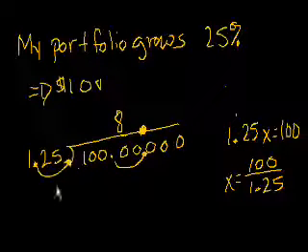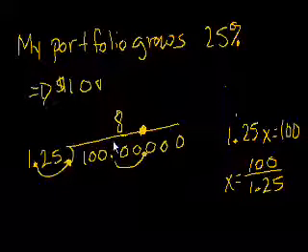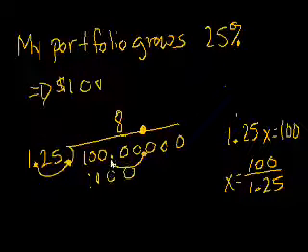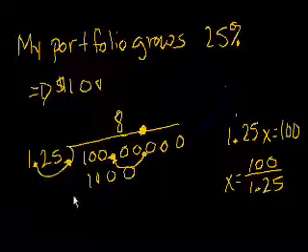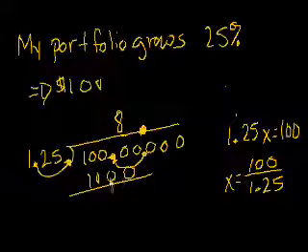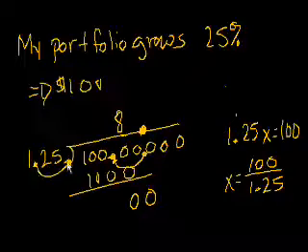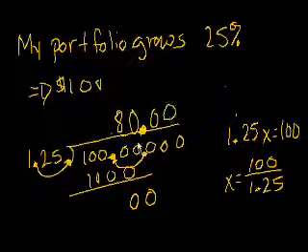You could work it out if you like, but I think I'm running out of time, so I'm going to do this fast. 8 times 125 is 1,000. So 1,000 minus 1,000 is 0. So you can bring down the 0. 125 goes into 0 times. And we just keep getting zeros. This is just a decimal division problem.